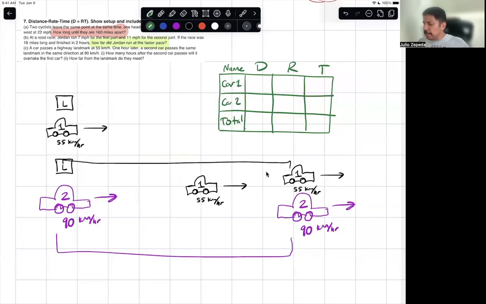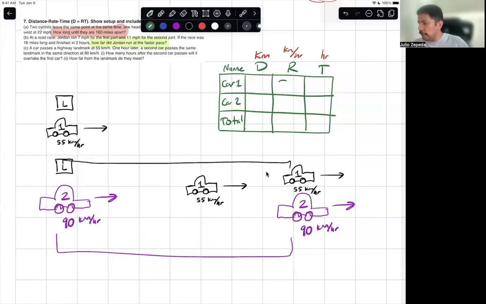A couple of things that we know for sure: car one is going 55 kilometers per hour. The time is going to be in hours. And when you multiply those two, you have distance in kilometers. So we have 55 kilometers per hour.